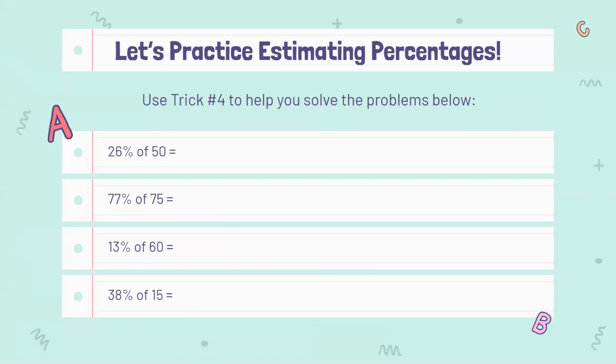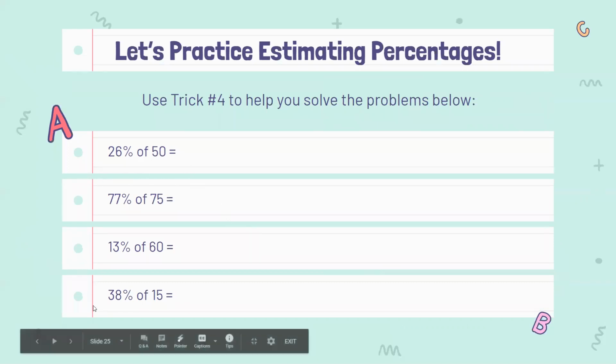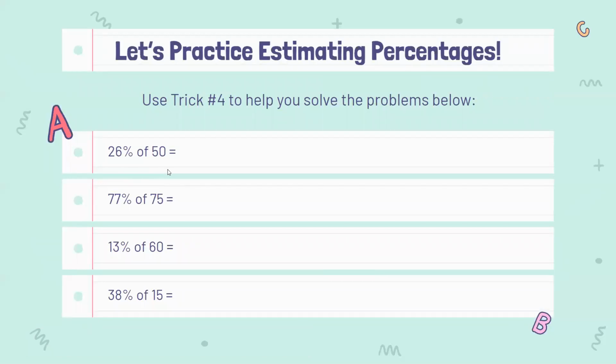Let's practice estimating percentages now. Again, I'll do the first problem with you, and the remaining problems you can always do on your own with the link to the slideshow. 26% of 50 can be reversed around to say 50% of 26. In this case, 50% of 26 is basically asking for half of 26.